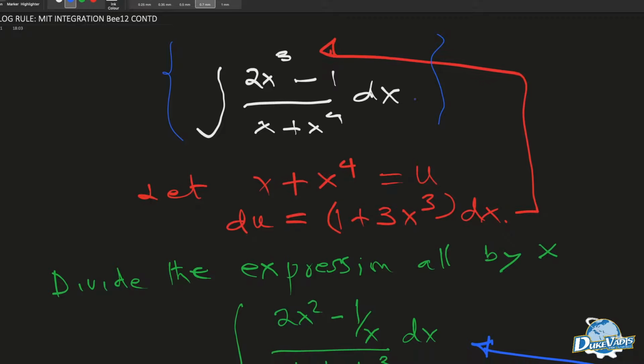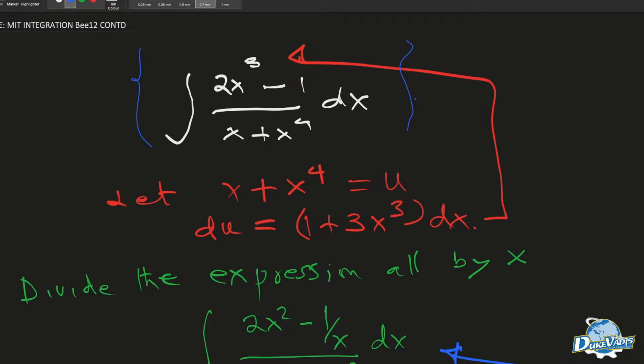That was going to be something like the x plus x to the 4, and then 2x cubed minus 1, and sort it out, and when we split it, we would be able to integrate with ease. But we opted for the u substitution later on.